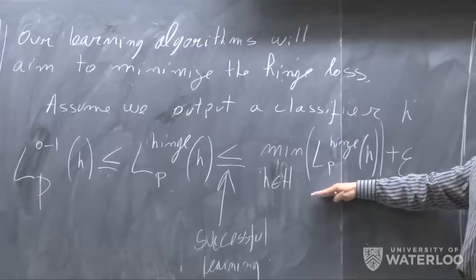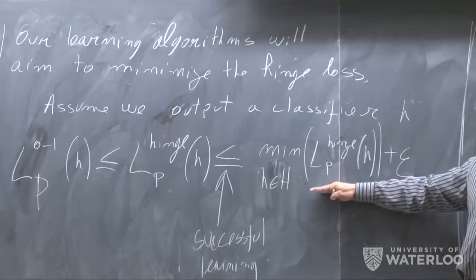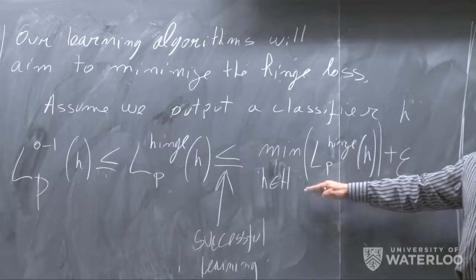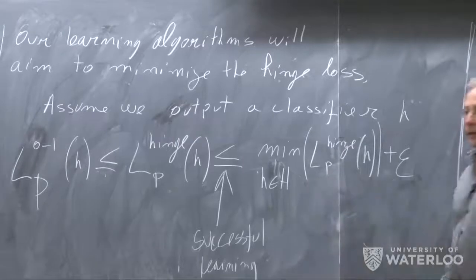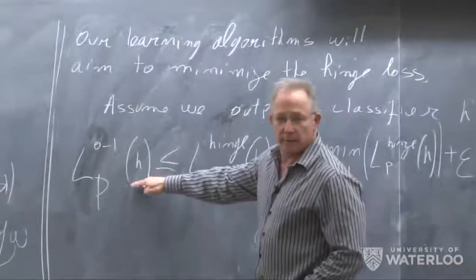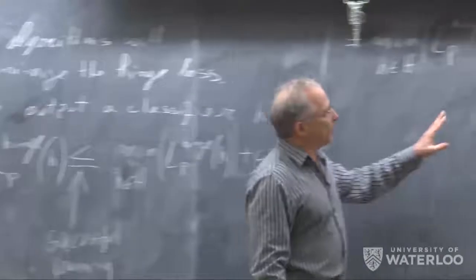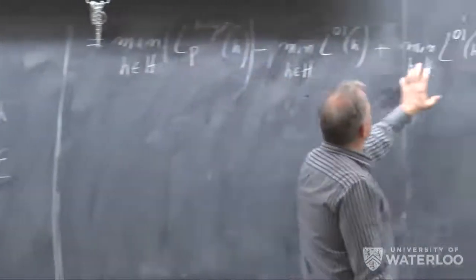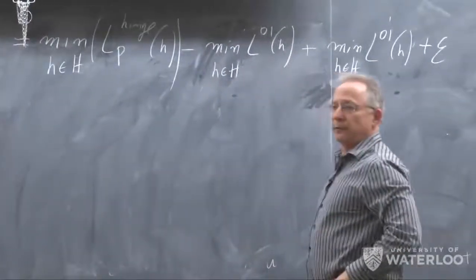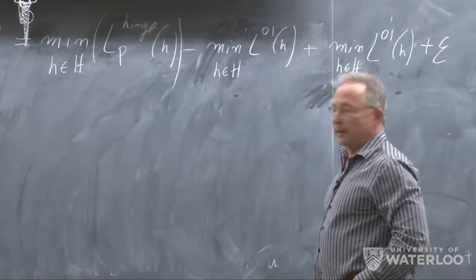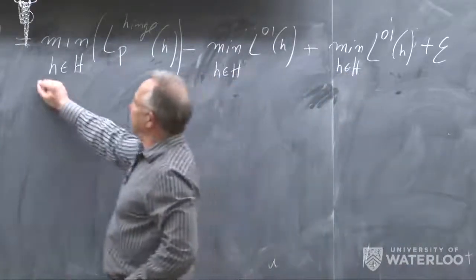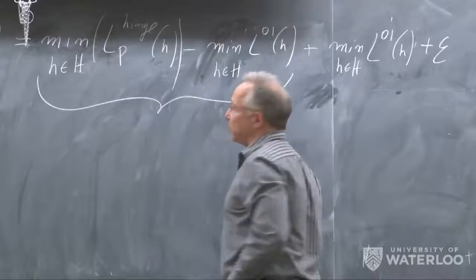So this was just the assumption that I got an epsilon successful learning algorithm. But it minimized the hinge loss, and what I care about is the 0-1 loss. So I want to compare it to the 0-1 loss, so I add and subtract the minimum that I could get for the 0-1 loss. And now I can divide the error into three components.